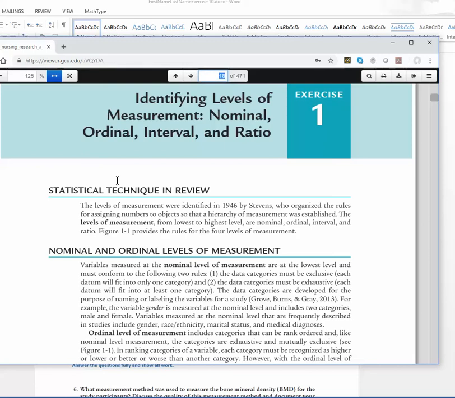All they have is what is it, and that's it. It includes categories and nothing else. If those categories have some kind of natural order to them, where one is less than the other, then we say that the data can be measured at an ordinal level.